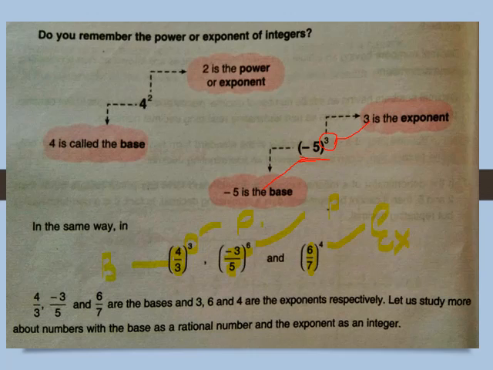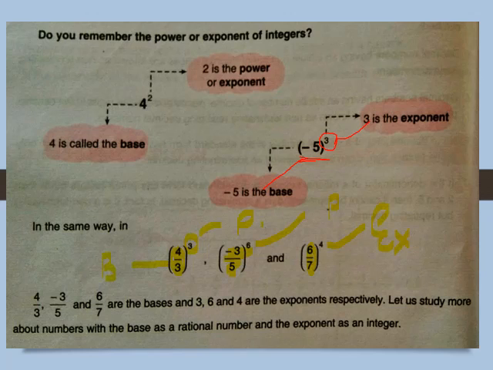In the third example also, 6 upon 7 is the base. Whether it is positive or negative, the base is the base only, and the number which is on the top, that is the power, is known as the exponent also. So this is called exponent or power.